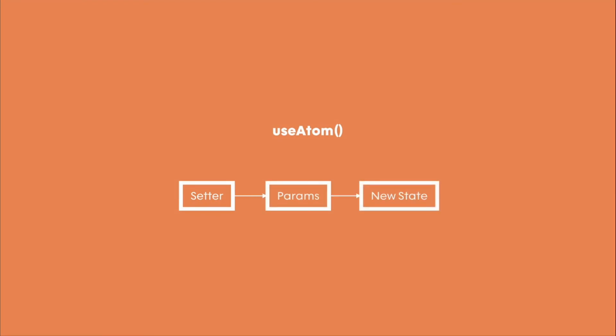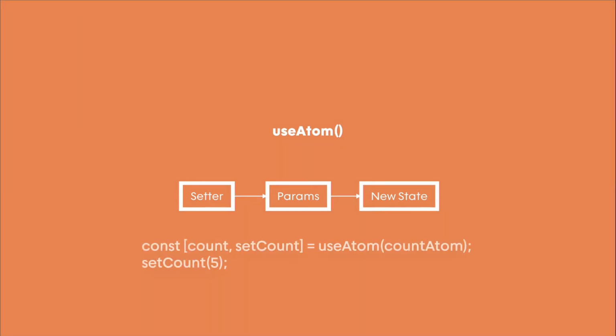In its simplest form, to update the value of an atom, you pass it to the useAtom hook, and this returns the setter as the second element in its returned array, which you can then call with a new value that you want to assign. It's all very similar to useState. You call the hook, get a value and a setter in an array. The only difference is that you pass the atom to the hook rather than an initial value like you would with useState.